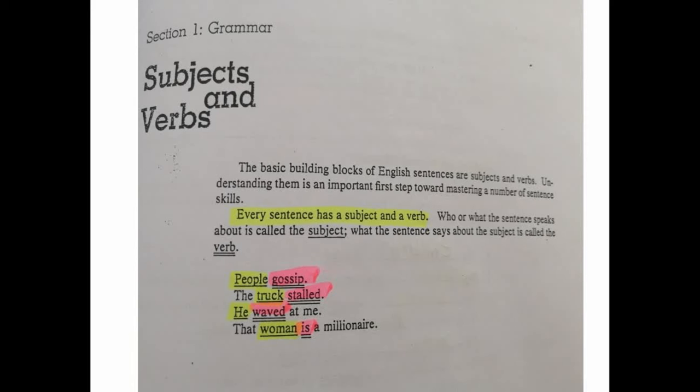If one of the two is missing in your sentence, then your sentence is incorrect and it cannot even be called a sentence. It shall be called a fragment, which is a bad thing to be used in your writing. So every sentence has a subject and a verb. The subject is the doer of the verb.